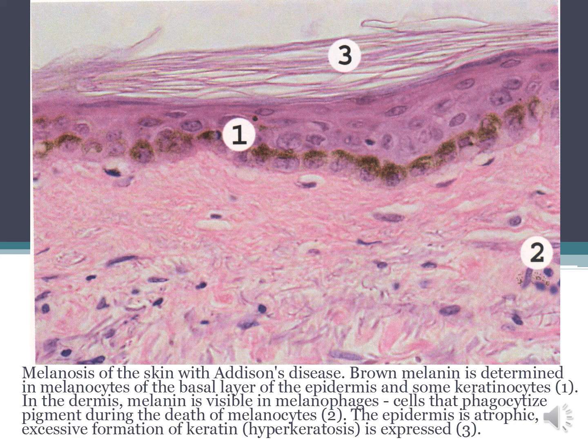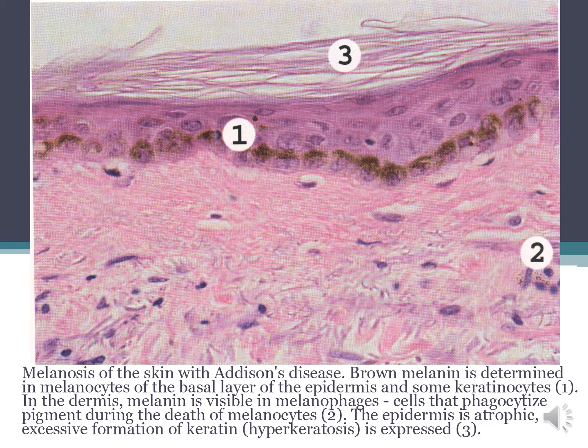In the dermis, melanin is visible in melanophages, the cells that phagocytize the pigment during the death of melanocytes. And this area on the right of the picture is under number 2.